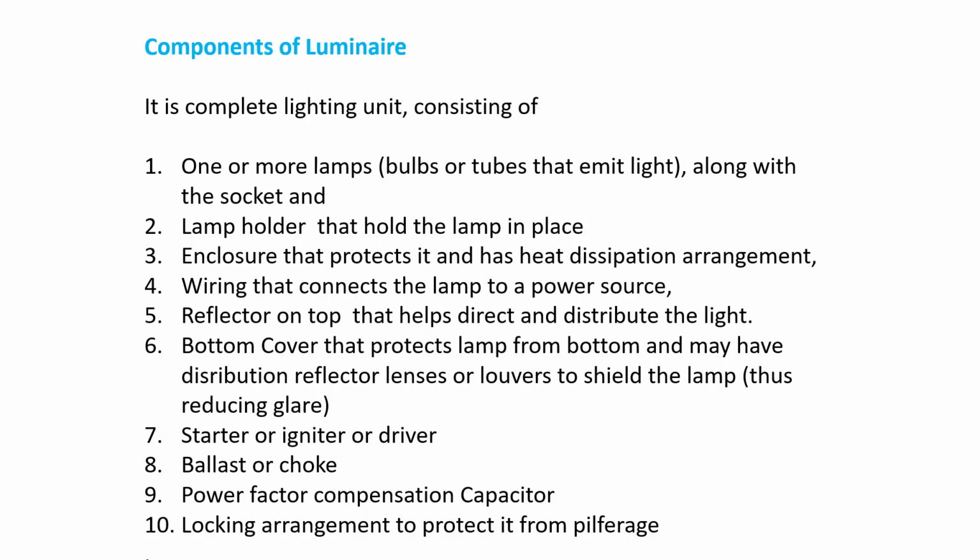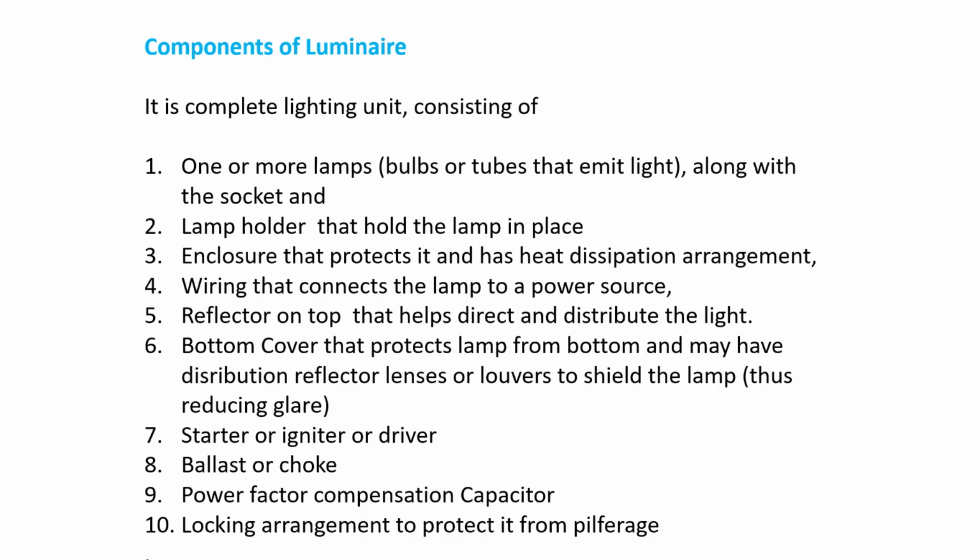Friends, we are discussing components of a luminaire, that is, an electrical fitting. The first component is one or more lamps. A lamp is also called a bulb or tube, a source of artificial lighting that emits light, along with the socket in which it is mounted.